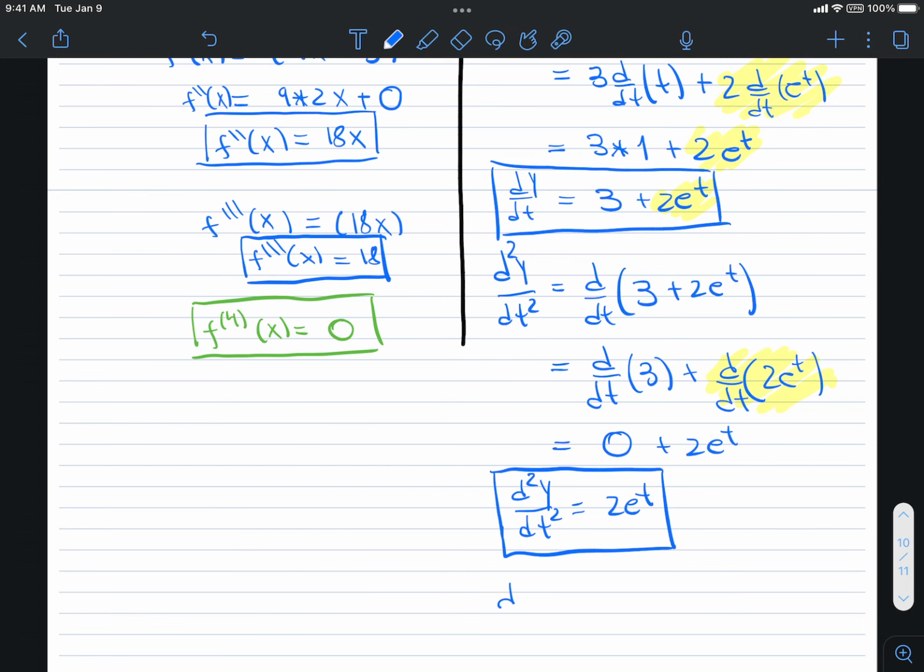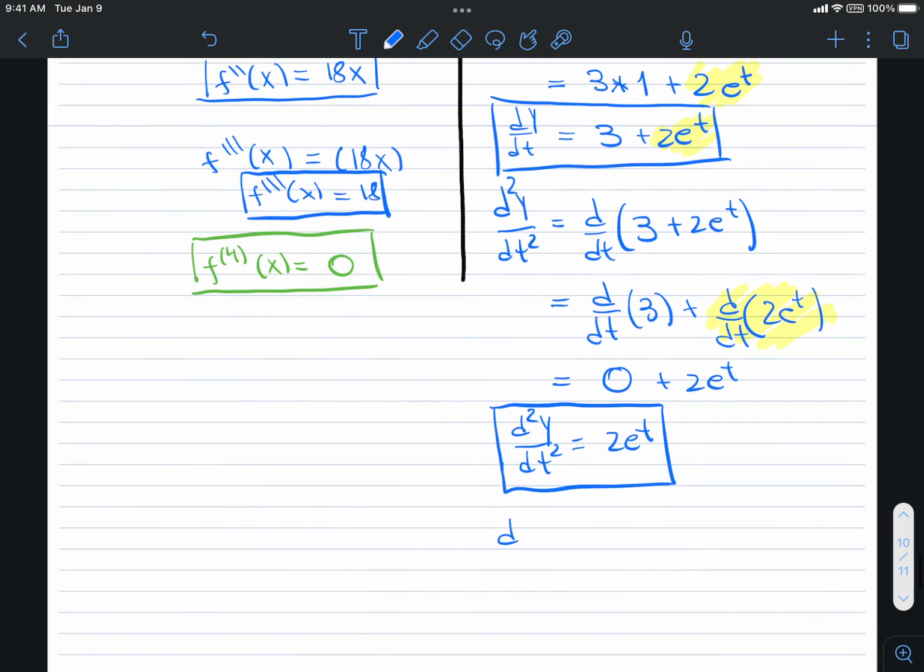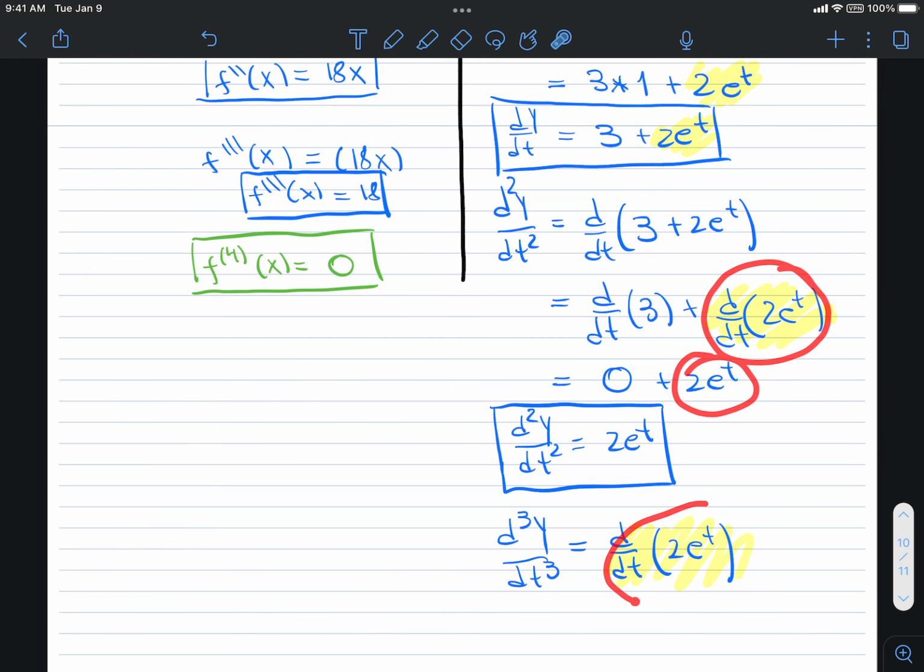To find the third derivative, I just derive what I just had. So I derive the previous function. And again, that's the same thing I just calculated at the beginning. So that's just 2e to the t.